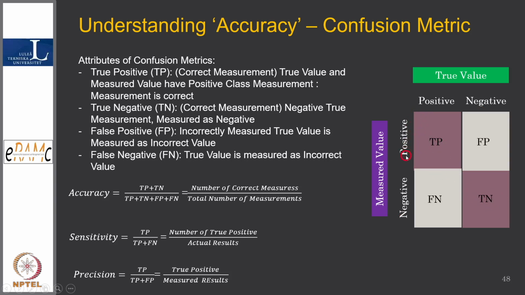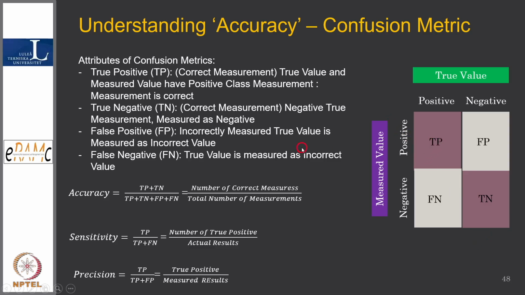That means my true value was equal to a positive value, that is true value. But if the true value was not correct and my measurement also shows the true value is not correct, then also it is a positive thing. It is showing me the right way. Okay, so these two are clear now.